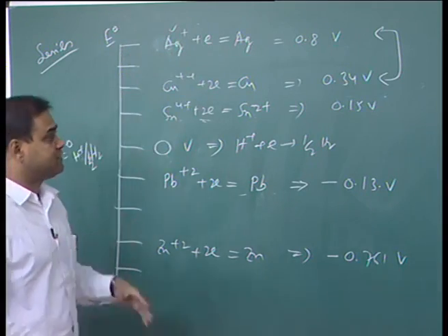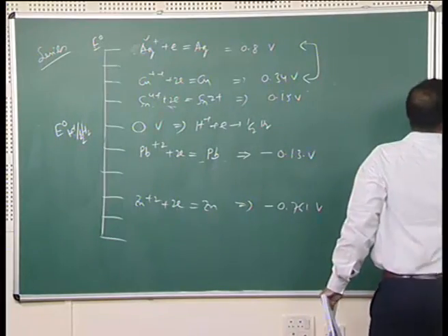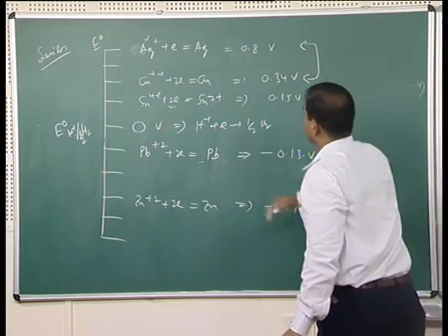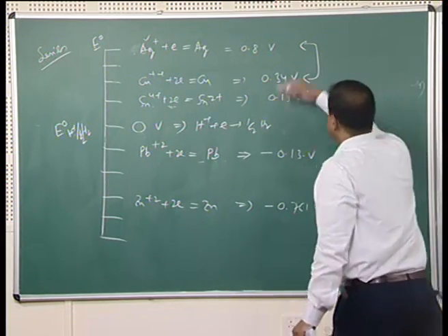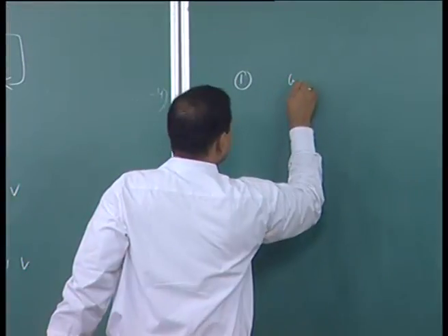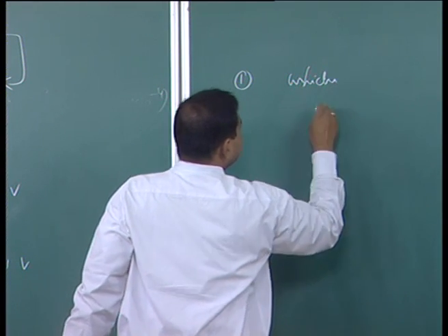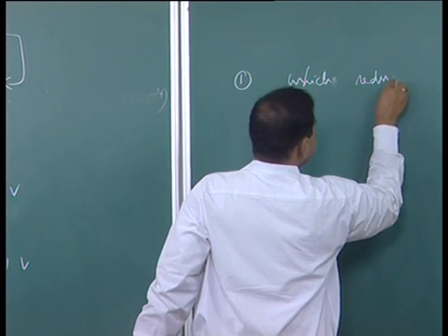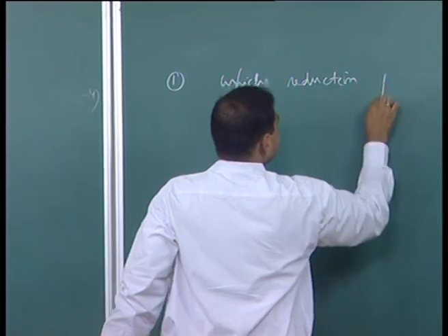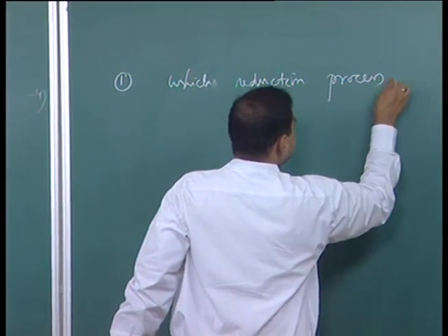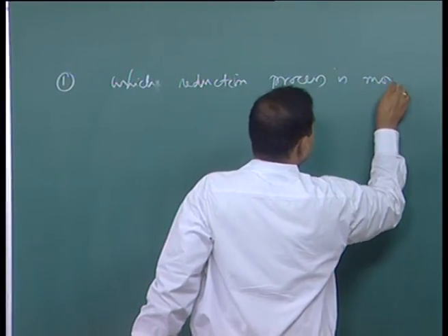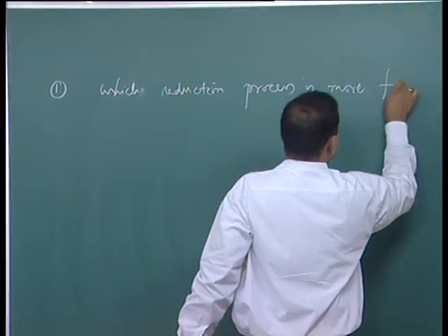So from the reduction potential we can get the information about which reduction process is more feasible.